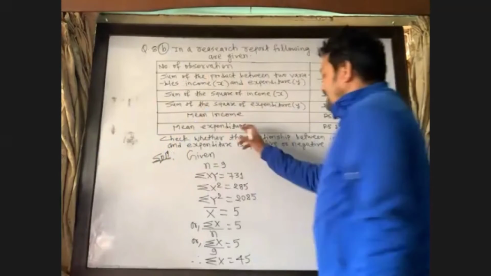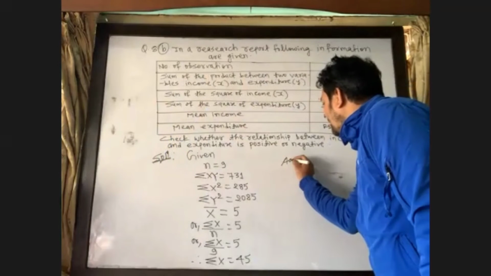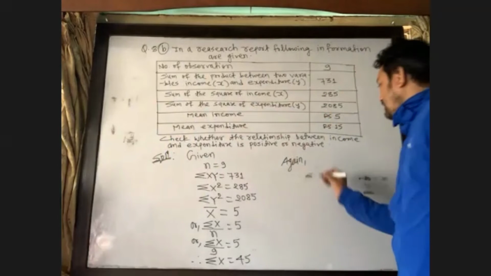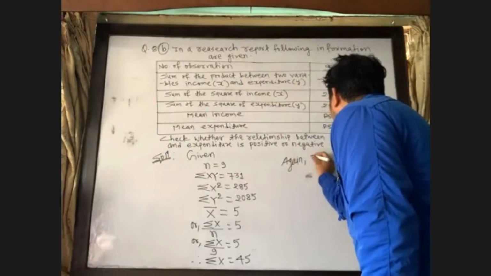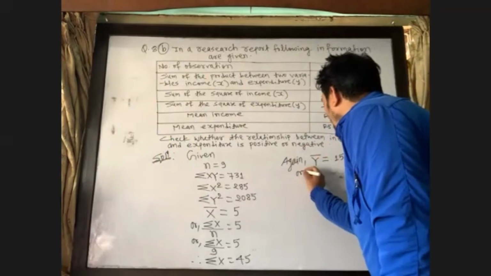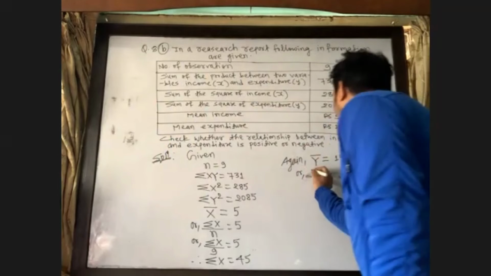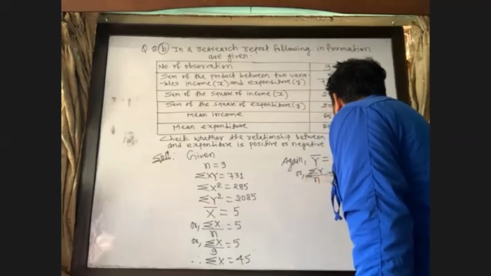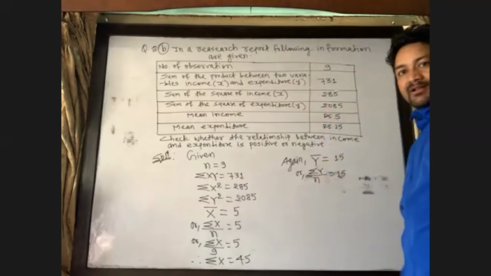Again अब mean expenditure पनि given छ. Mean expenditure भनेको that is y bar. Y bar पनि given छ. Y bar भनेको 15. Y bar भनेको हामीले के लेख्न मिल्छ summation y divided by n is equals to 15.